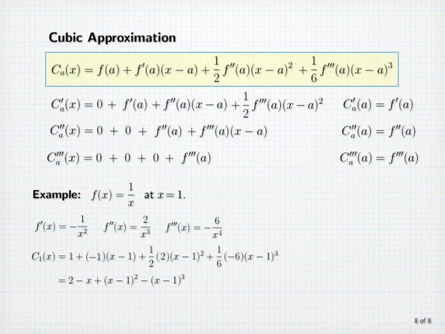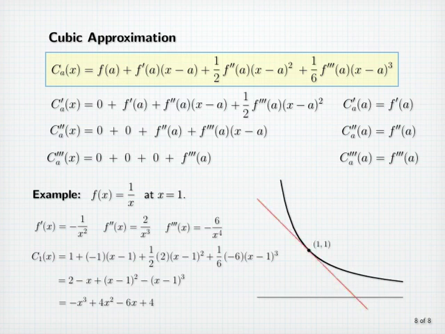So we have 2 minus x plus (x minus 1) squared minus (x minus 1) cubed. If we expand and simplify, we find that this can be written as minus x cubed plus 4x squared minus 6x plus 4.